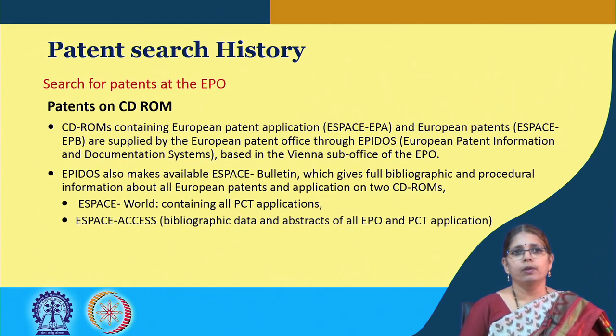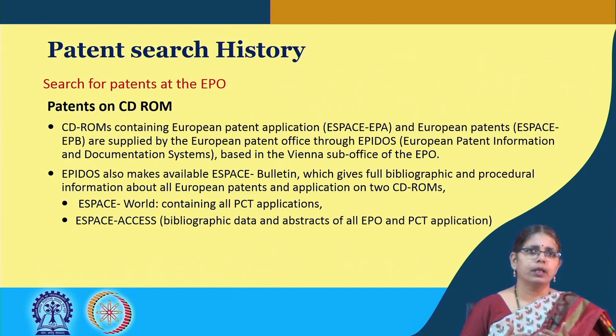Searching by the CD-ROMs was a predominant way of accessing patent applications. So, you have esp@ce EPA, which is one set of applications that could be accessed, and of course, then there has been this European Patent Information and Documentation System, which again looked at the different sub offices of the EPO and the data related to that.